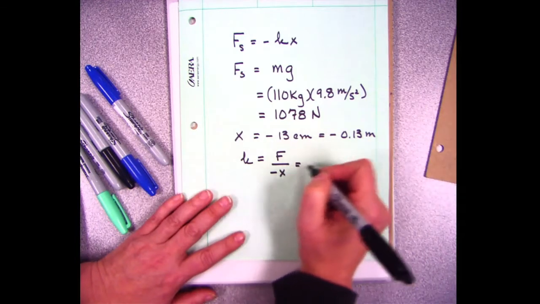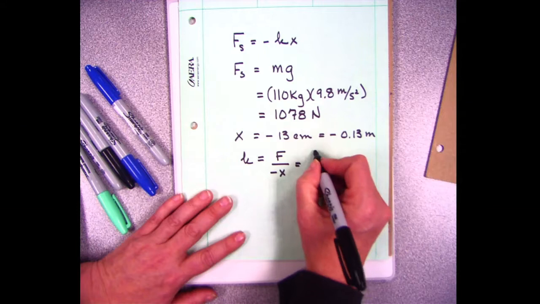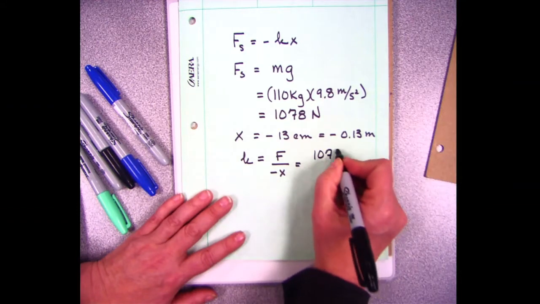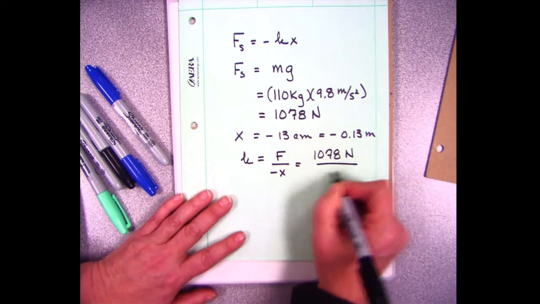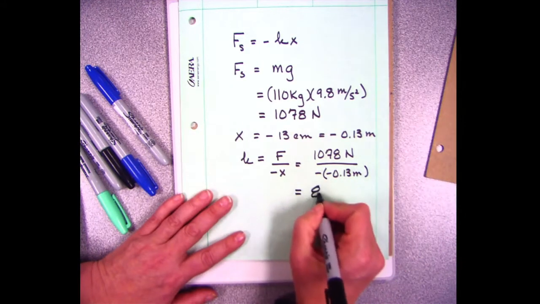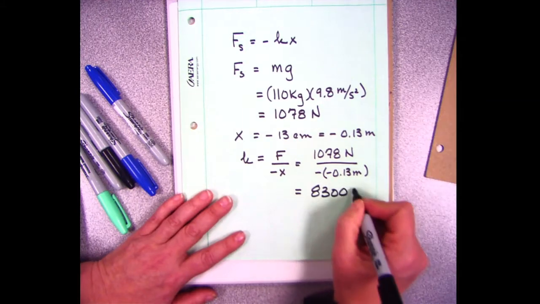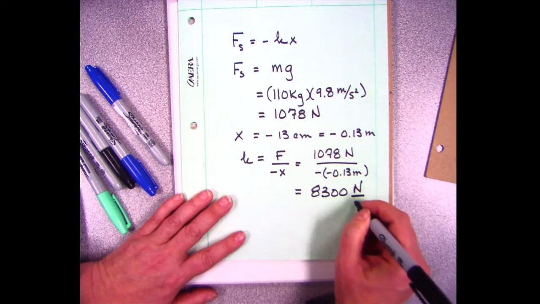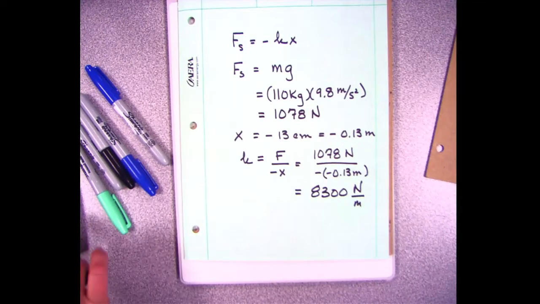My force is the 110, or the 1078 newtons, and the negative x is negative 0.13 meters. When I plugged it in the calculator and rounded it to 2 significant figures, that's what I got, divided by 0.13.